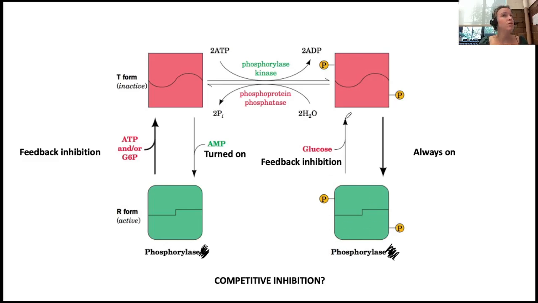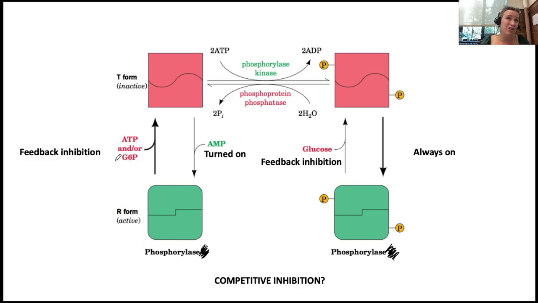However, if there's a lot of glucose present when it's phosphorylated, it'll turn back off. When we dephosphorylate the enzyme, it's more likely to be off. But if we have AMP, that tells us we're in a low energy state. We got to turn back on, get some glycogen converted to glucose.